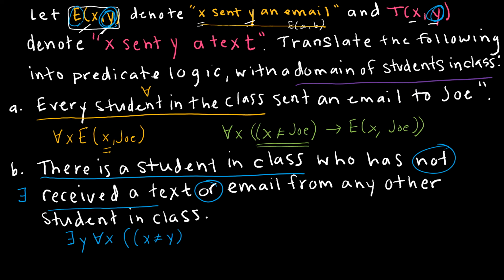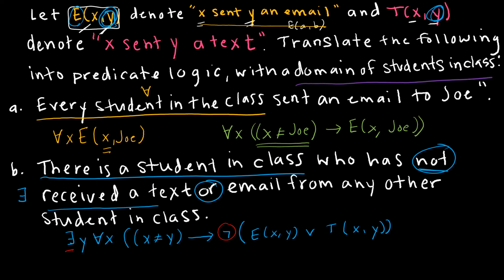So if X is not the same person as Y, if X and Y are unique students, then X has not received a text or email. So not, and then the student received a text or the student received an email. Now, if you have been paying attention, we know that we've got this negation here.